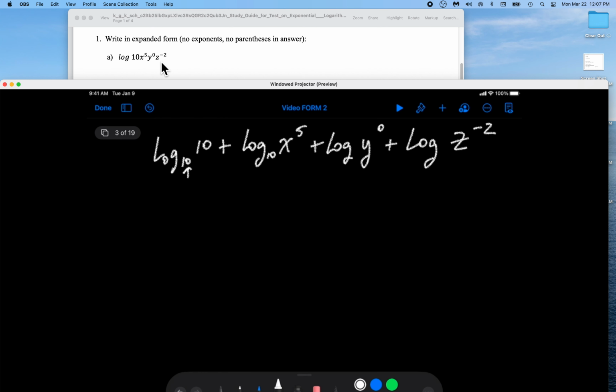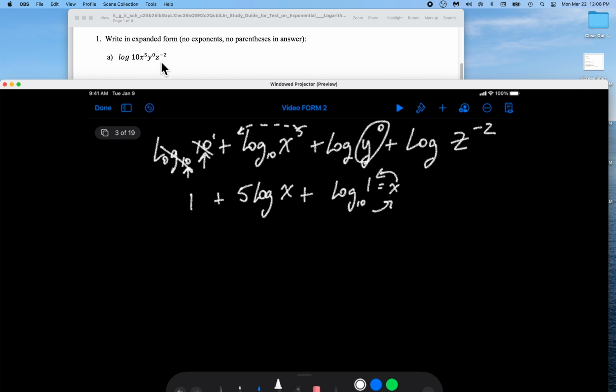Okay, whenever the base of the log matches the base of the exponent, there's a hidden 1 here. These cancel, that becomes 1. This, we're going to bring this 5 out front, and that's going to become 5 log x. Here, y to the 0 is 1, so we have log of 1. That's a base 10. If we were to put x here and do the whirlybird, 10 to the x would equal 1.